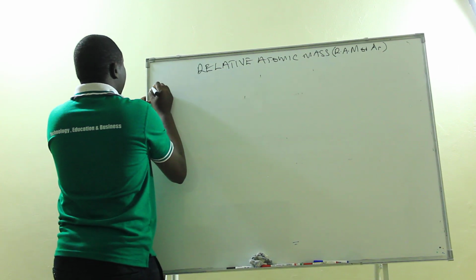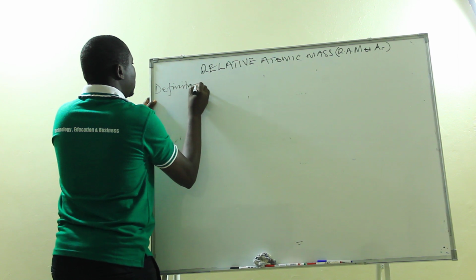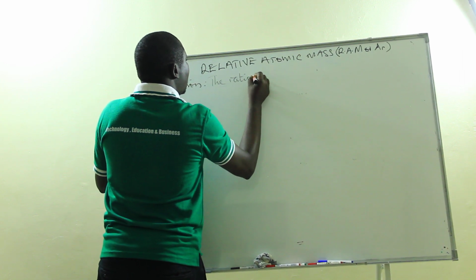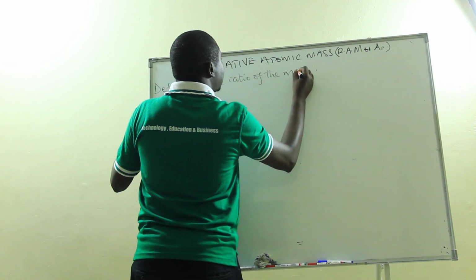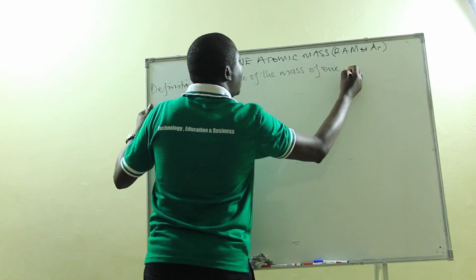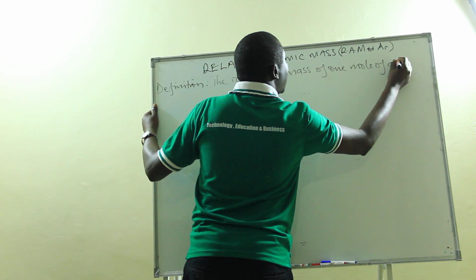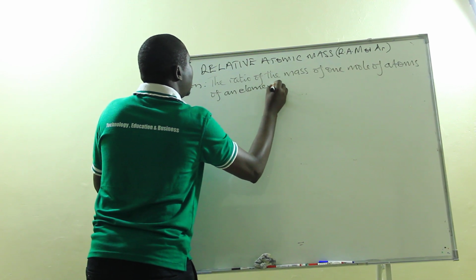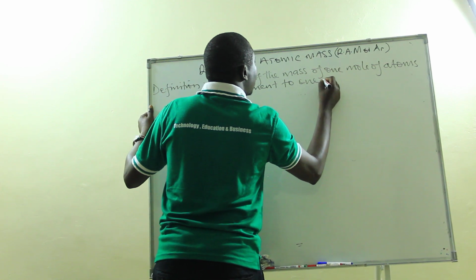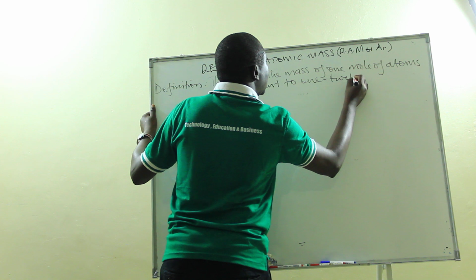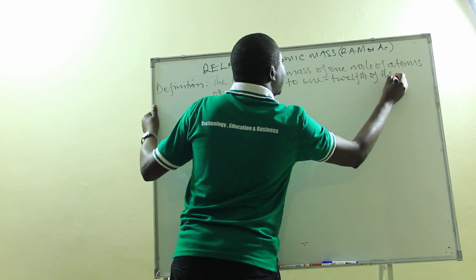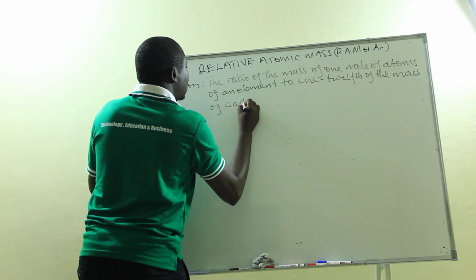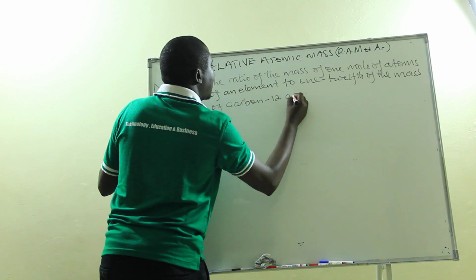It means that, by definition, relative atomic mass is the ratio of the mass of 1 mole of atoms of an element to 1/12 of the mass of carbon-12 atoms.